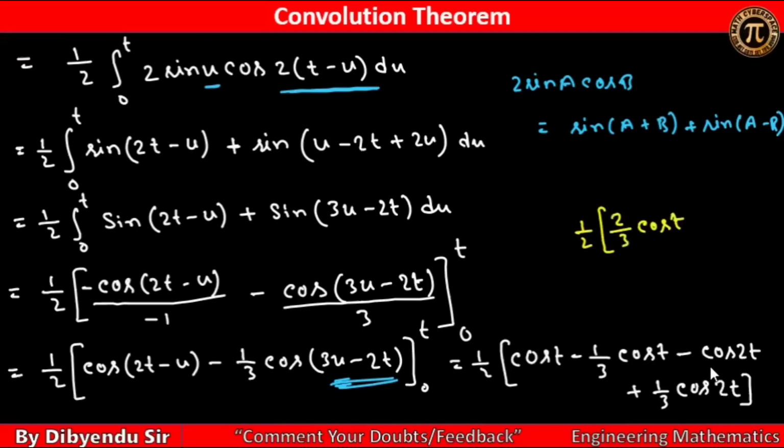And this is minus 1 plus 1 by 3, that means minus 3 plus 1, that means minus 2 by 3 cos 2t. If I take common 2 by 3, the final answer is 1 by 3 into (cos t minus cos 2t). This is the final answer.